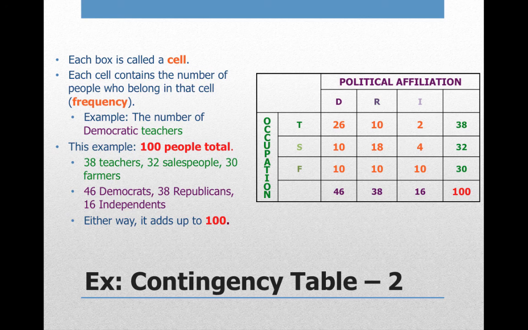And if you add up all of the political affiliation folks, that also adds up to 100. So one of the things about contingency tables or crosstabs is that the margins will always add up to the very bottom corner, which is your entire total sample size, which in this case is 100 people.